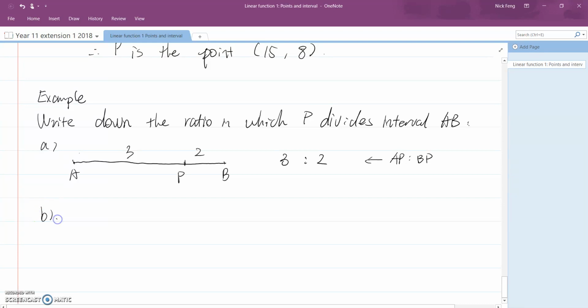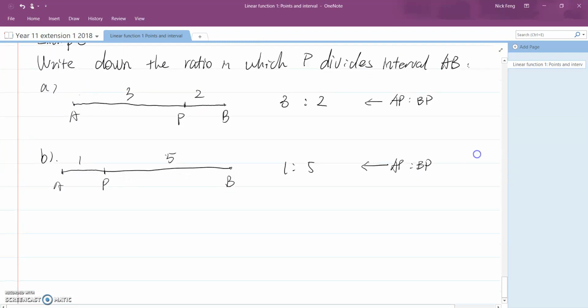For one more example, if P is here, B is here, and this is 1, this is 5, that is 1 to 5, which is still the same AP to BP. Just keep the same idea from A to P and then from P to B.